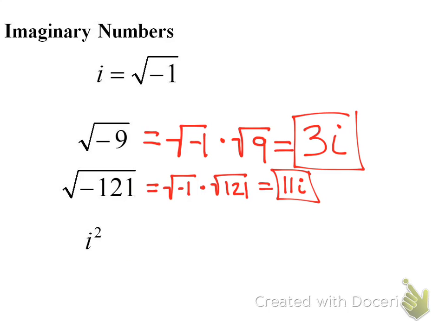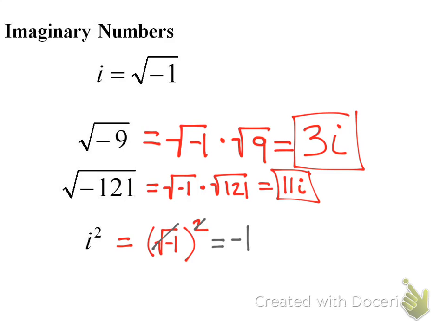All right, this one is kind of tricky. I want to actually write this one out. So what did we already learn that i is? i equals what? Square root of -1. Squared. Square roots and squares undo each other, correct? So i squared just gives us the number -1.